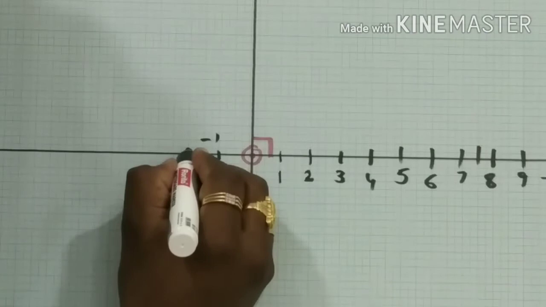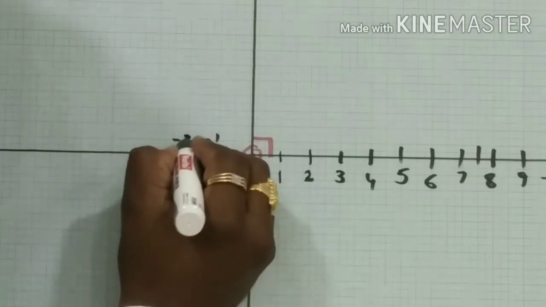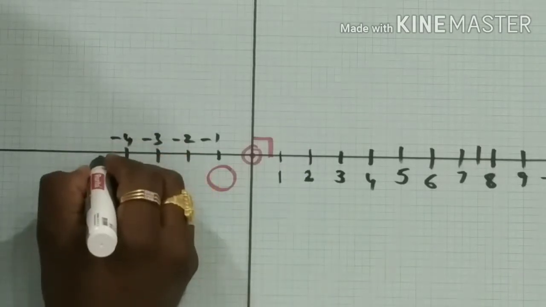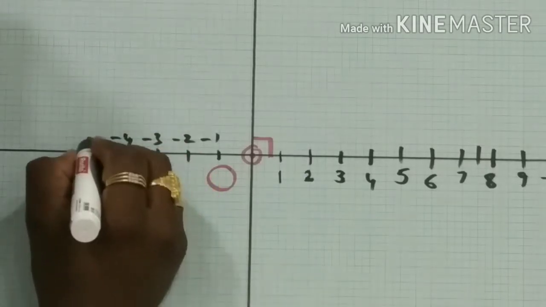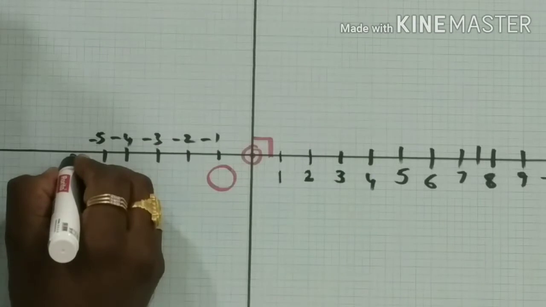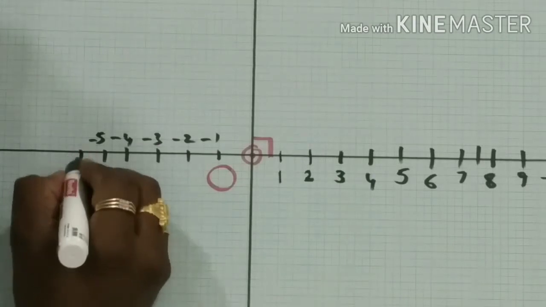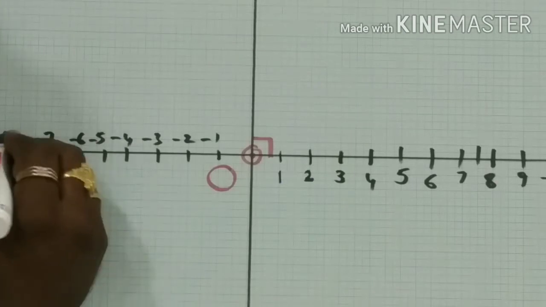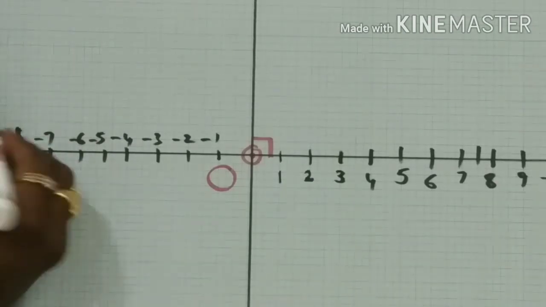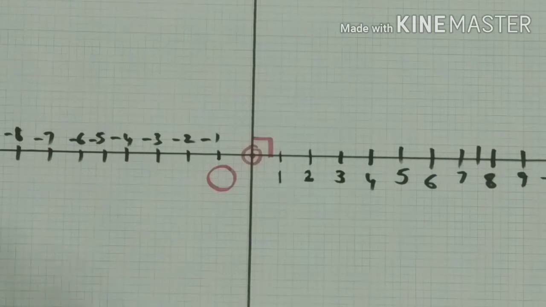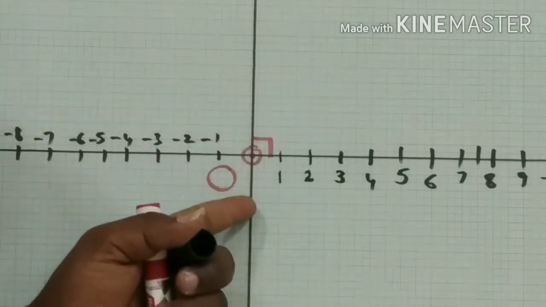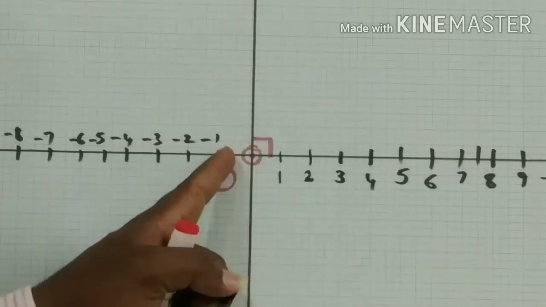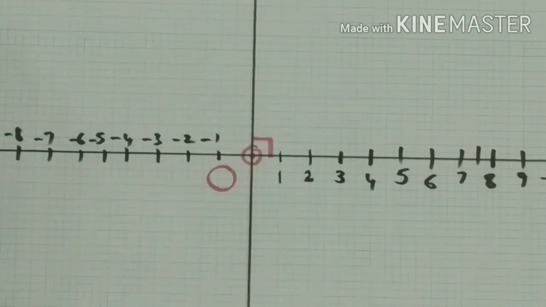This is -1, -2, -3, -4, -5, -6, -7, -8, and so on. So the horizontal line is divided into an integer number line: 0, positive numbers, negative numbers.